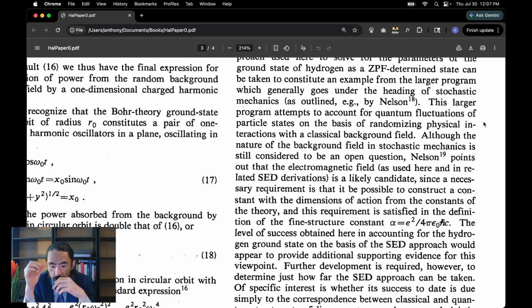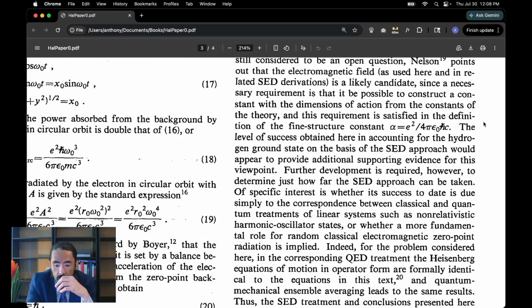Nelson, in citation 19, points out that the electromagnetic field, as used here and in related SED derivations, is a likely candidate, since a necessary requirement is that it be possible to construct a constant with the dimensions of action from the constants of the theory, and this requirement is satisfied in the definition of the fine structure constant, namely, alpha equals lowercase e squared over a denominator of 4 pi epsilon naught times h bar times lowercase c.